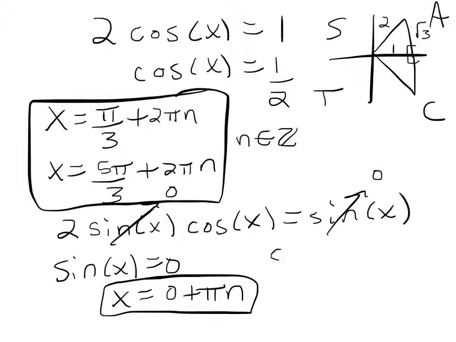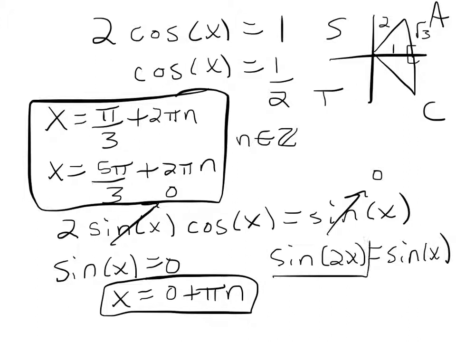Let me just write the original equation one more time. The key here is that I needed to use an identity to substitute some other quantity for the sine of 2x, or I wouldn't be able to solve this equation unless I wanted to guess and check all of the possible values.